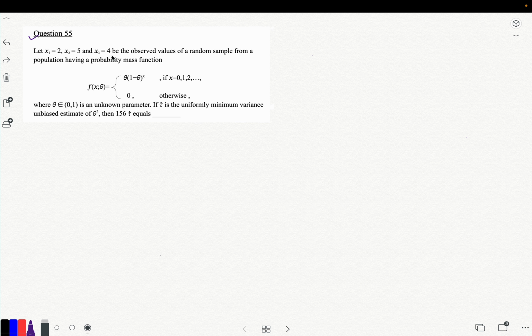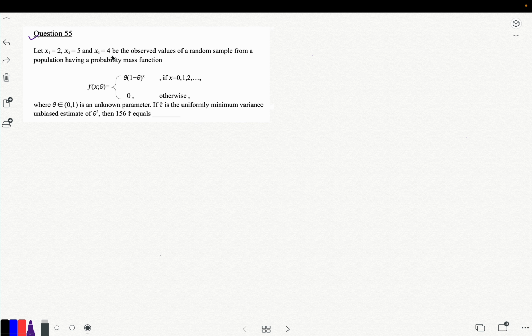If tau cap is the uniformly minimum variance unbiased estimate of theta square, then 156 tau cap equals. Okay, so in this question we have to find the uniformly minimum variance unbiased estimator, that is UMVUE. So let's see this.